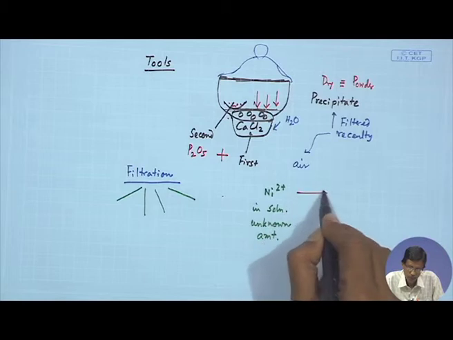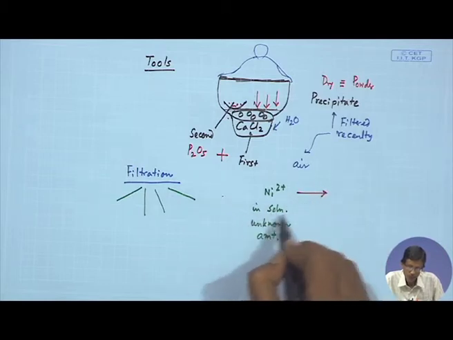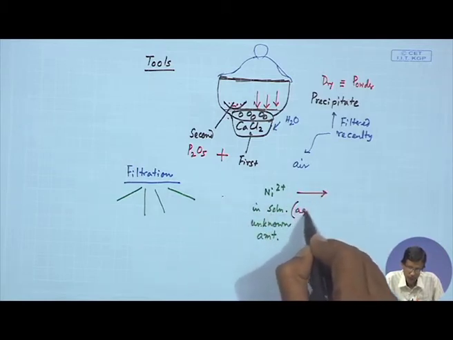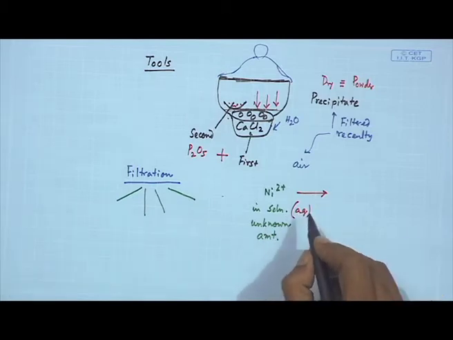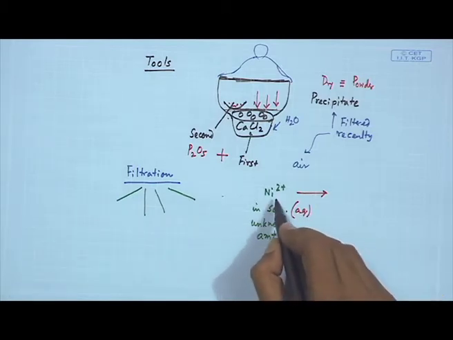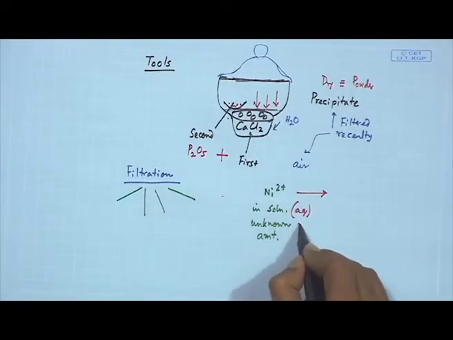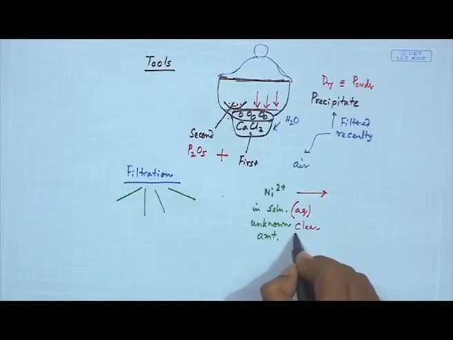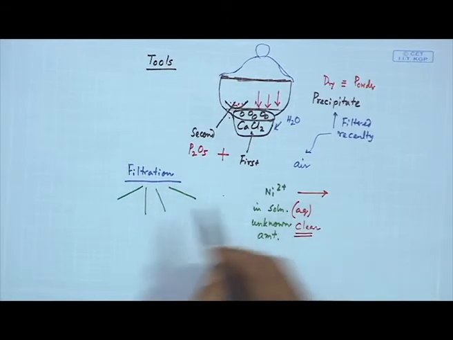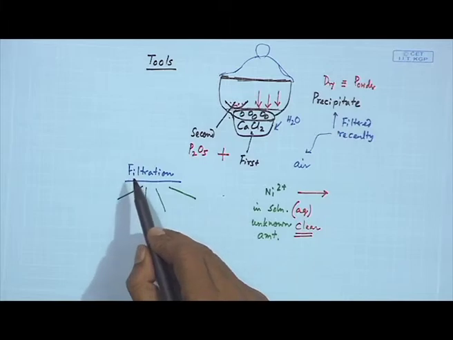So, we give some reagent. If you have this aqueous solution of a certain concentration of Ni2+, it gives you a very clear solution. So, this solution is definitely a clear solution, but how do you know this?